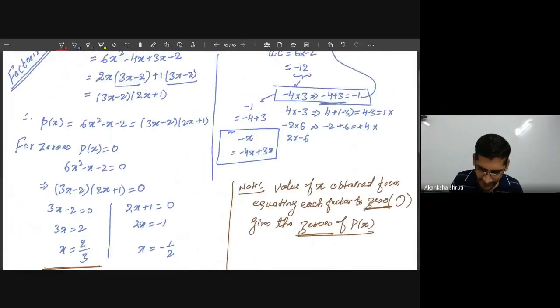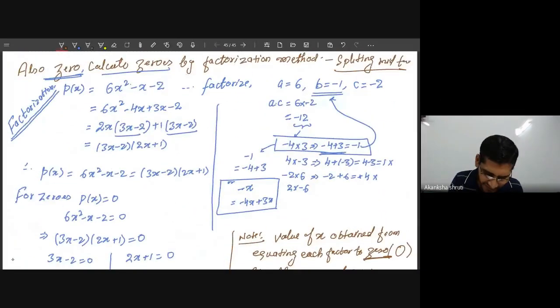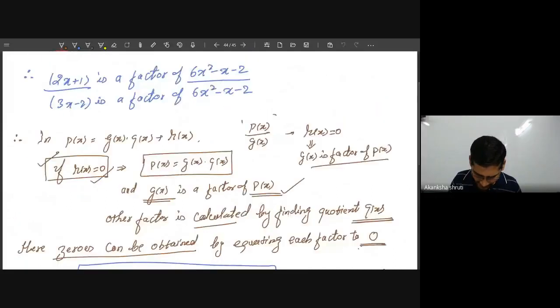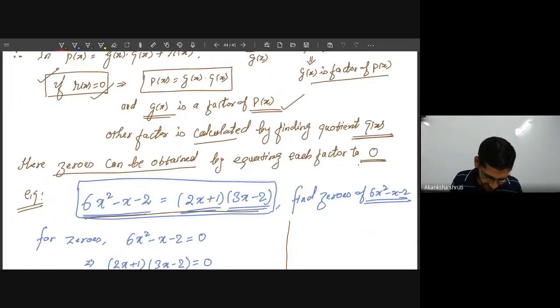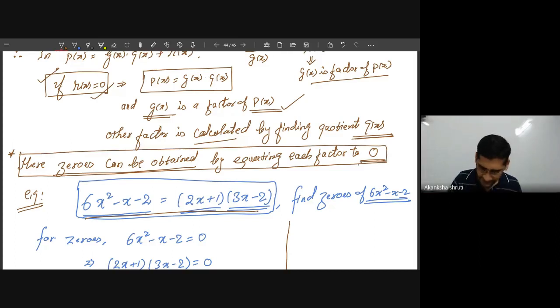Same thing I had written also. See, it was this one. So zeros can be calculated by equating each of the factors to 0. So this is the other important thing that we have to keep in mind. Okay, students, so this is the important concept.